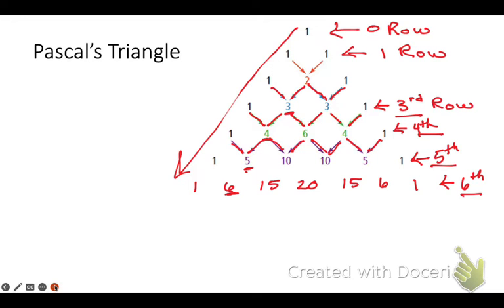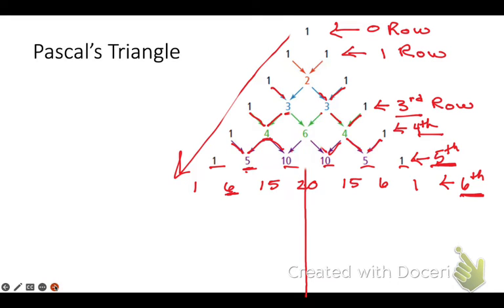Odd number rows have an even number of terms: 1, 2, 3, 4, 5, 6. And even number rows have an odd number of terms. So if I drew a line straight down the middle, I'm only going to draw a line through an even number row. Okay.